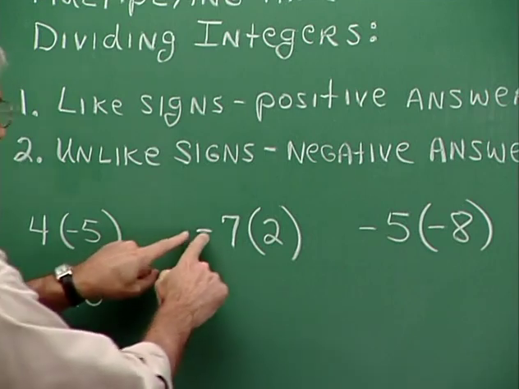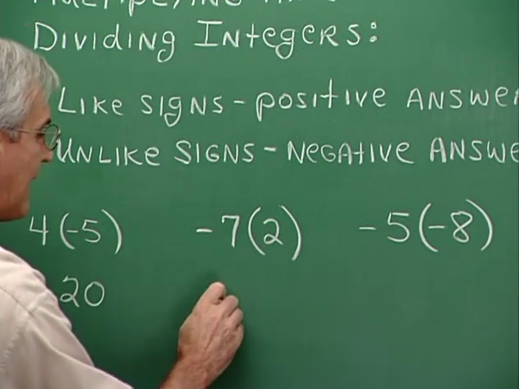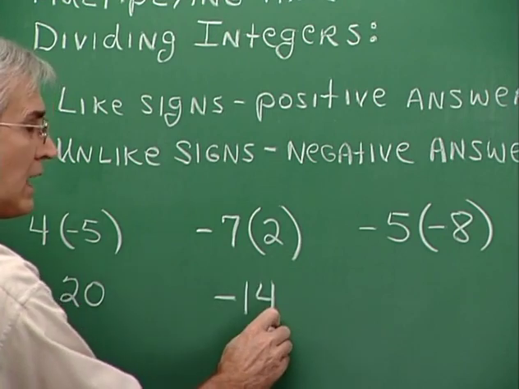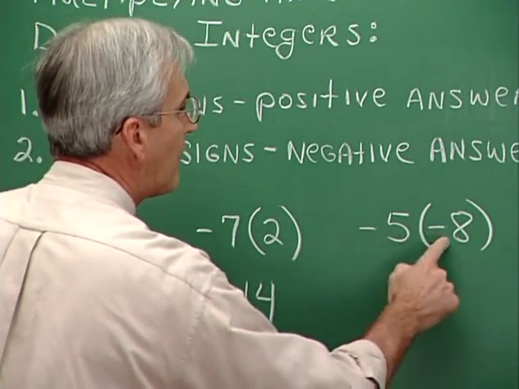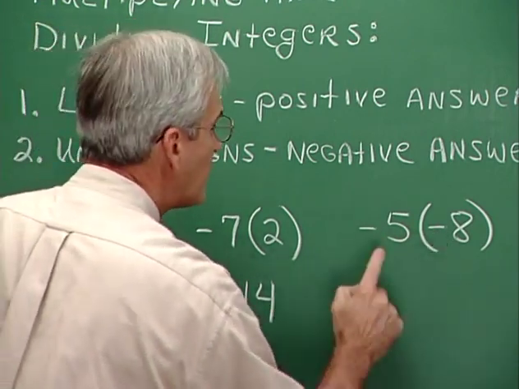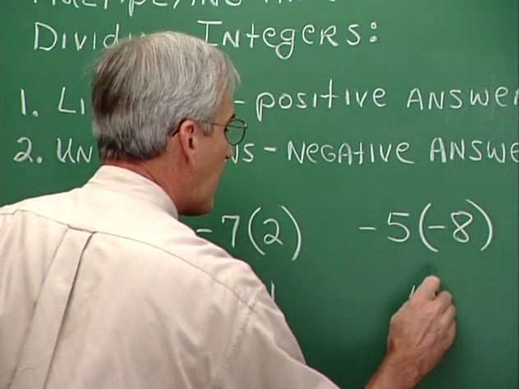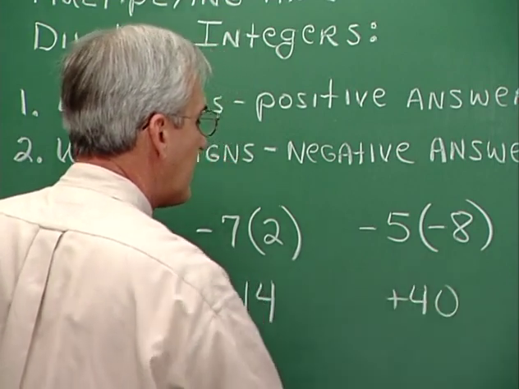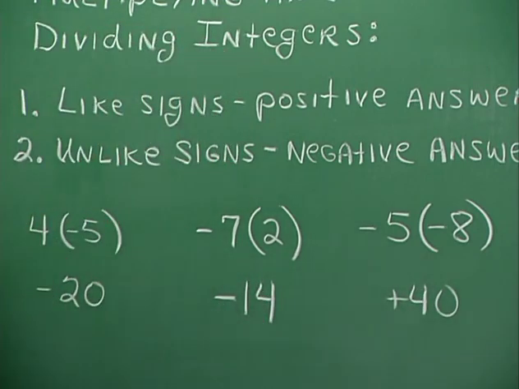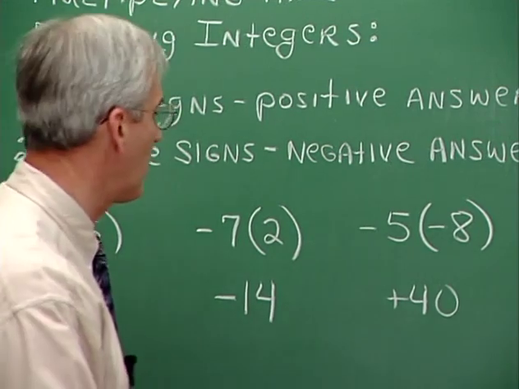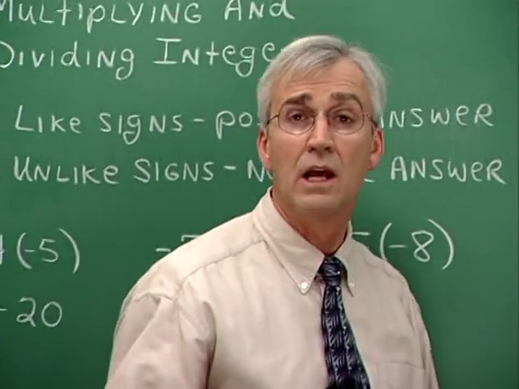And here again, we have negative times positive for a negative result, negative 14. And here the signs of both factors are negative, and so we get a positive result, 5 times 8, 40. And I can emphasize the positiveness like this if I want to. Now we'll get to dividing in just a minute, but let's take a few more examples involving multiplication.